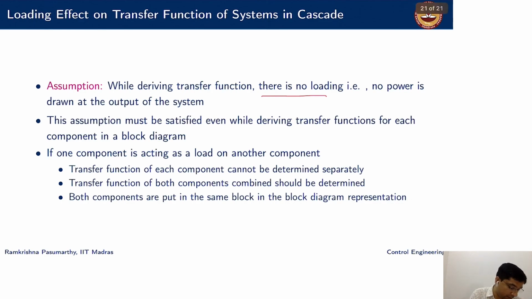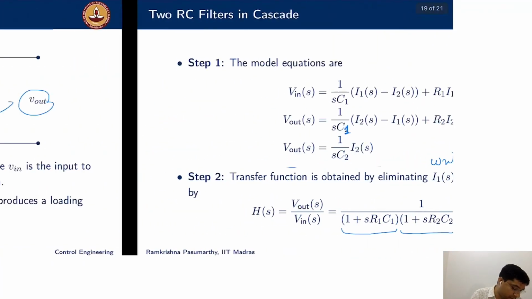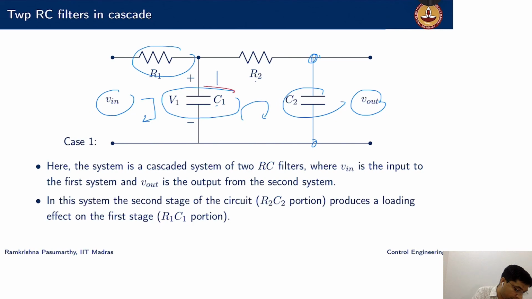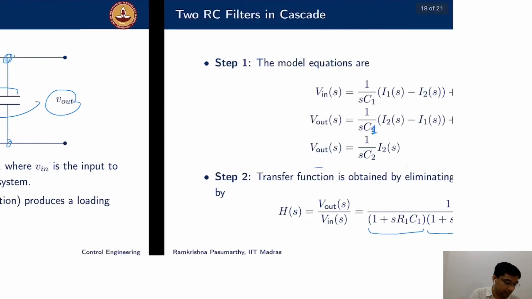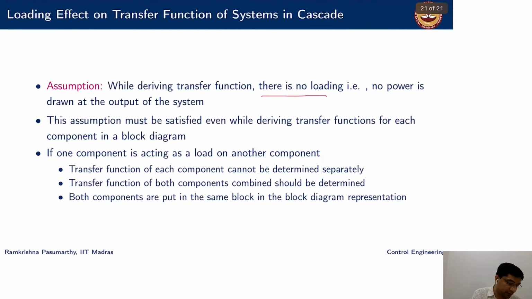So in this case, power is being drawn from the output, where the output is measured across C1. This C1 pumps energy into the second system, and therefore this assumption doesn't hold because there is a loading effect. So if one component is acting as a load on the other component, the transfer function cannot be determined separately.